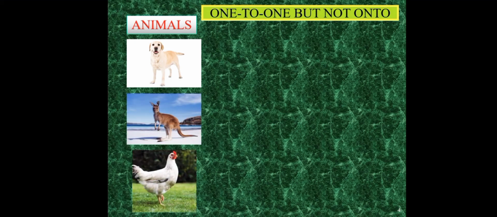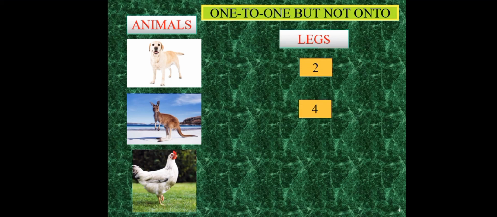For one-to-one but not onto, in the domain we have dog, kangaroo, and chicken, while in the codomain we have 2 legs, 4 legs, 5 legs, and 8 legs.